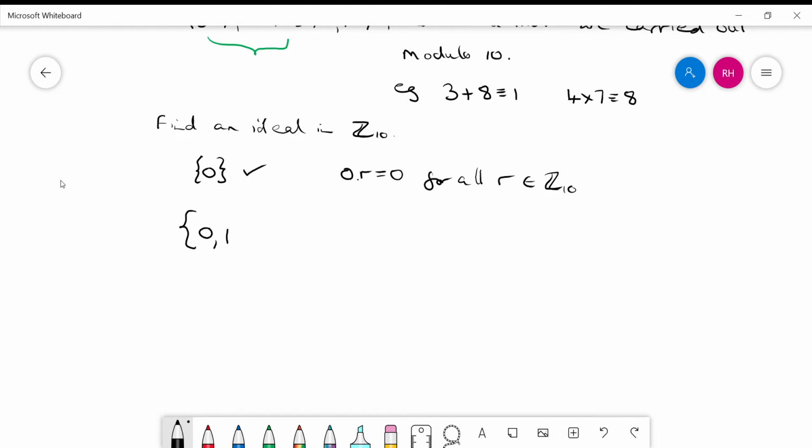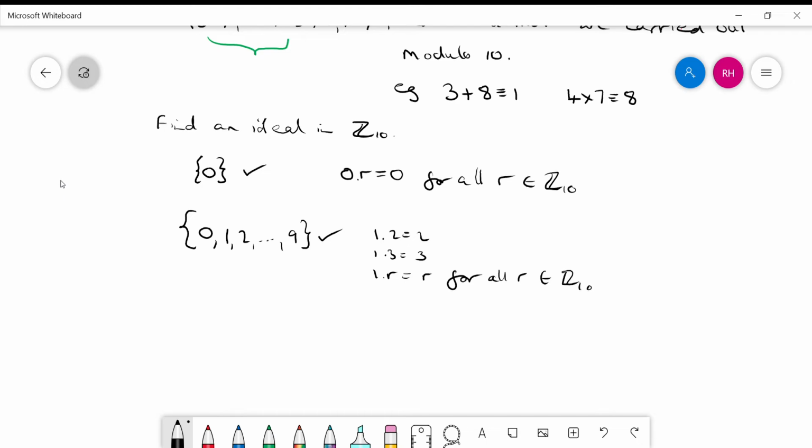Well, 1 is special because once we have 1, we go 1 times 2 equals 2, 1 times 3 equals 3, 1 times r equals r for all r in Z10. So once we have the number 1, we have to extend it all the way up to 9. But this is an ideal. This is actually the ring itself. So the ring itself is an ideal.